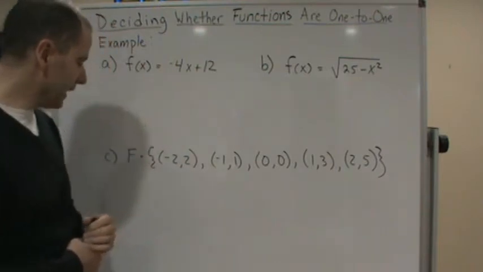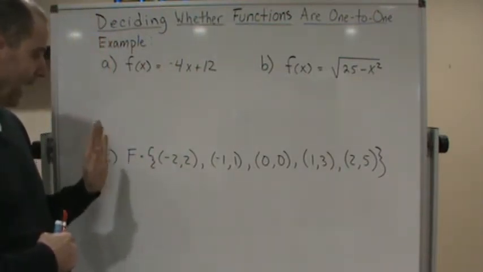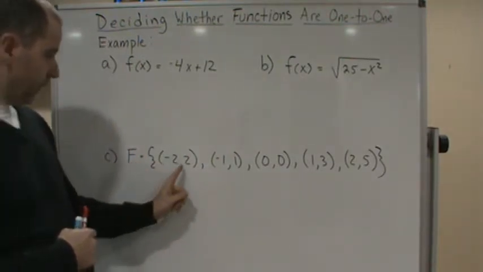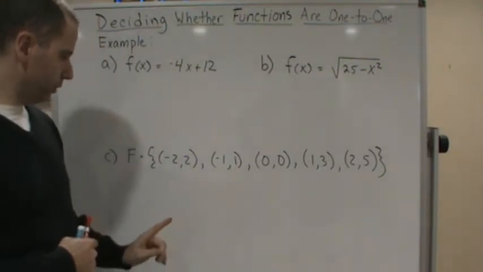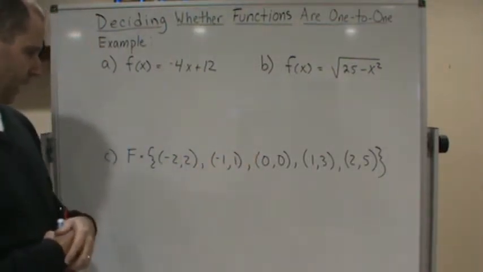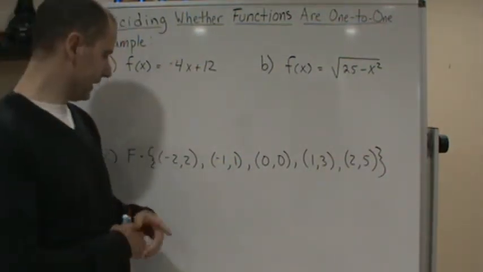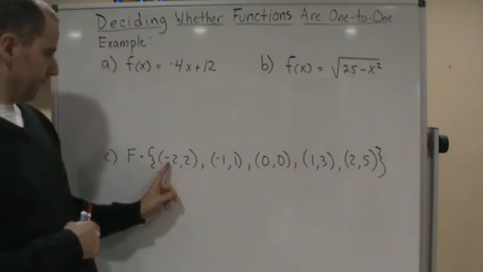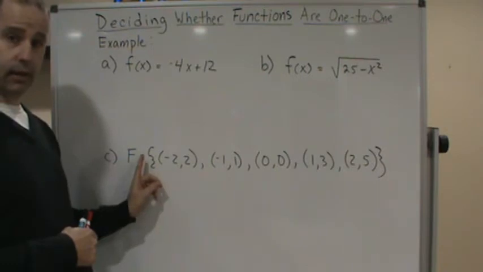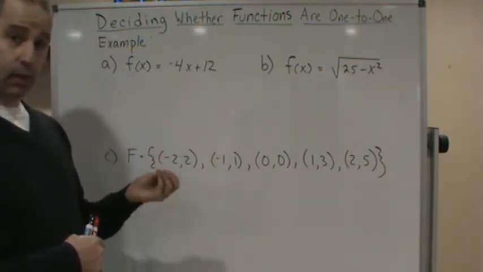Now, if it's one-to-one, then we should not have the same y value corresponding to two different x values. In other words, do we see any two different x values going to the same y value?